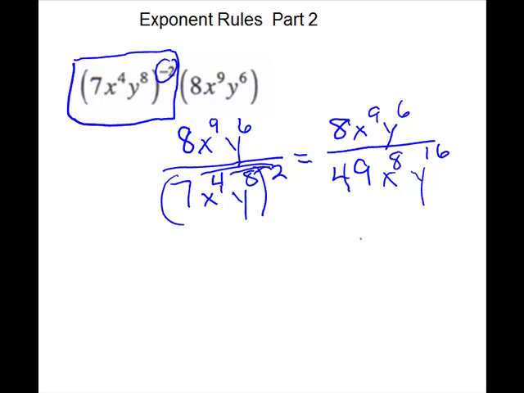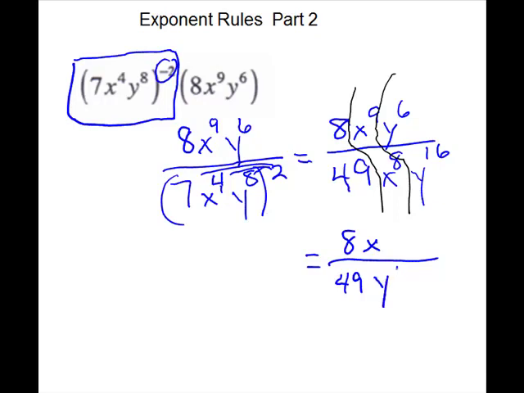Now I'll work with my problem to simplify anything that I can. So I really have 3 little problems. My 8 over 49 does not reduce, so I'm going to leave it just like it is. My x's, I will keep the base and subtract. I'm going to have 1 x left on top. For my y's, I will do biggest minus smallest. 16 minus 6 will leave me 10 y's on the denominator.